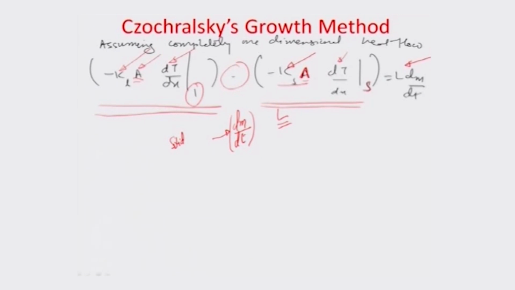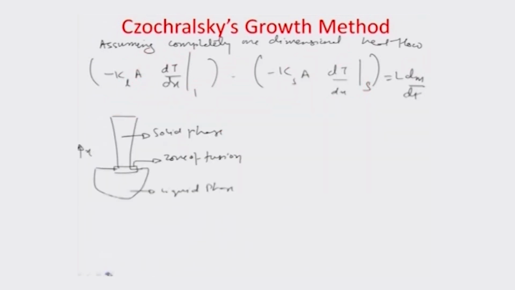So, you can really equate both these equations, and that formulates the basis of the Czochralski growth process, because heat flowing in is represented by the first term, heat flowing out is represented by the second term, and in between, whatever is happening results in the formation of the solid phase, dm/dt.